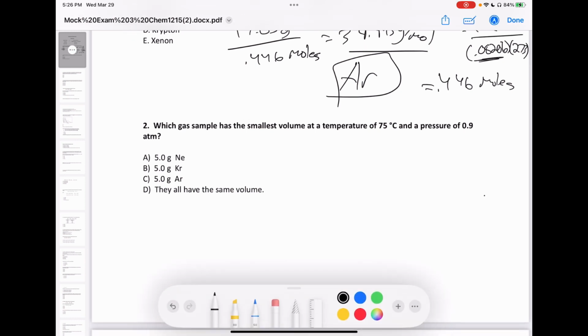Which gas sample has the smallest volume at a temperature of 75 Celsius and a pressure of 0.9 atm? Okay, so another question relating temperature, pressure, and volume. We're again going to be using PV = nRT, the ideal gas law.